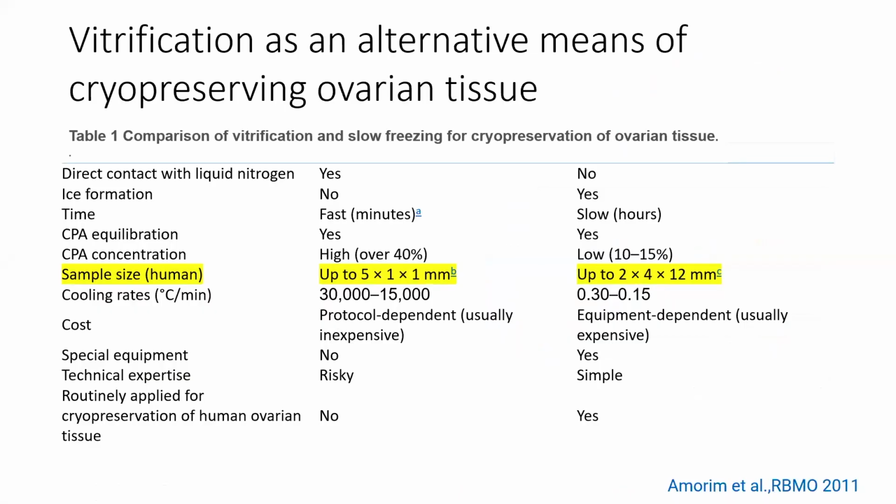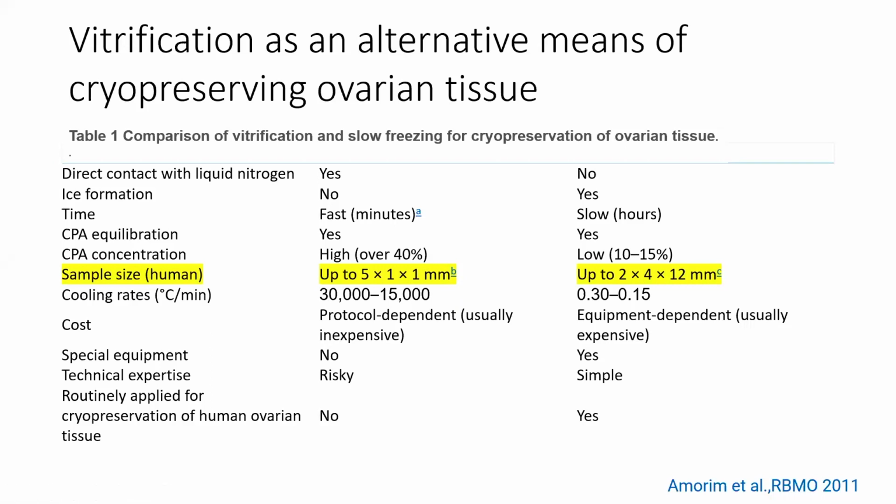Amorim, in a very nice review paper, compared vitrification to slow freezing. There are 2 points here. One is that with vitrification, you still need to work with a very high concentration of cryoprotectant, compared to the very low concentration you need for slow freezing.